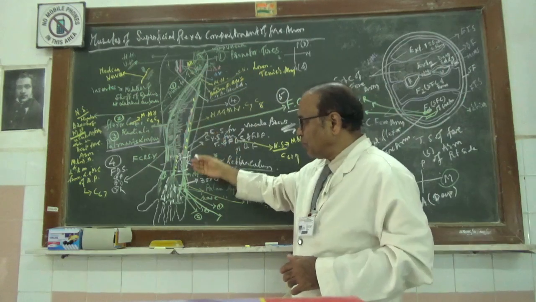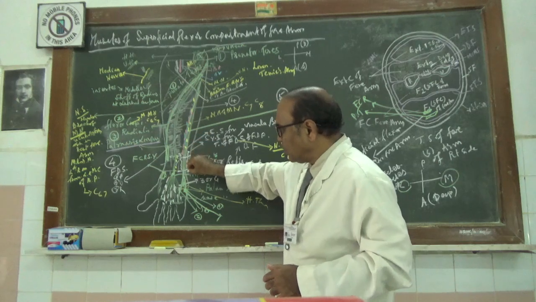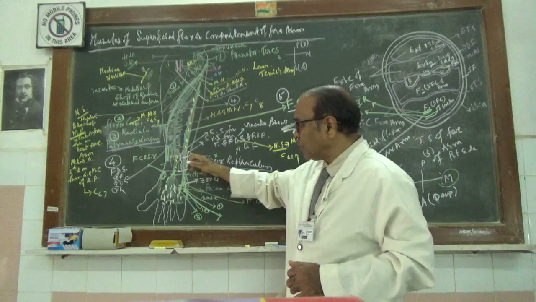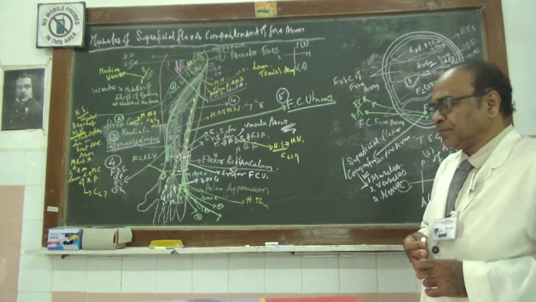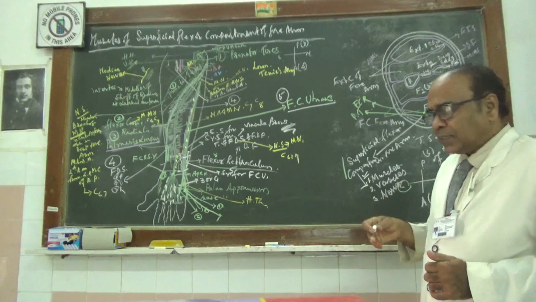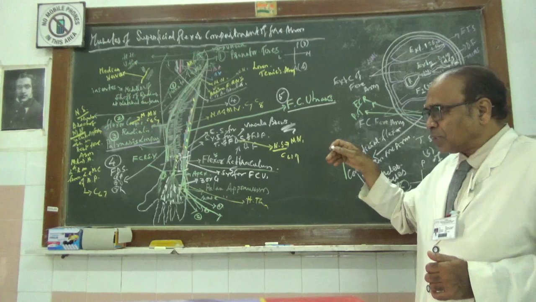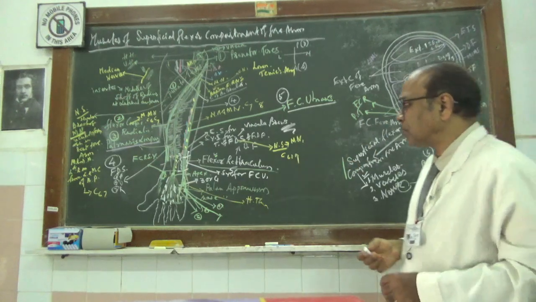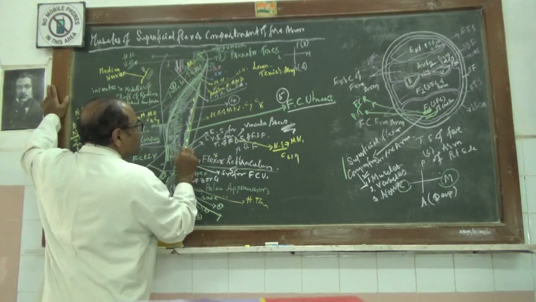From that point, it runs straight downwards. As it reaches the wrist joint, it does not run in front of the flexor retinaculum, but just behind the flexor retinaculum in a synovial sheath.